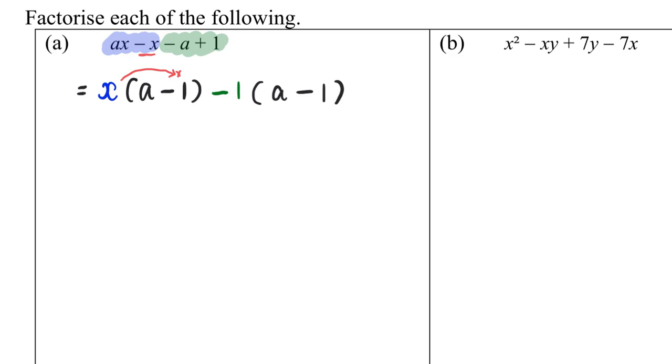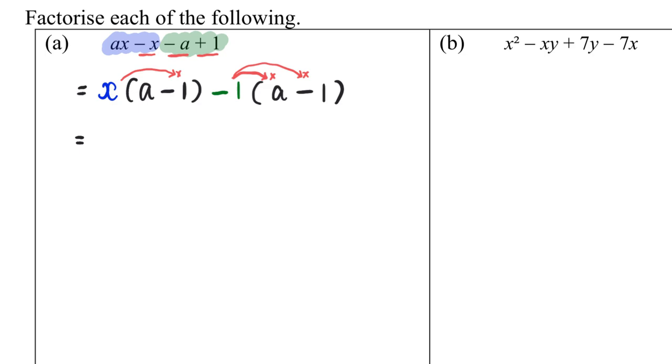Yes. Okay, in case you are wondering why is that so, because when I expand and simplify, negative 1 times positive a, I do get back my negative a. Negative 1 times negative 1 will give me back my positive 1.